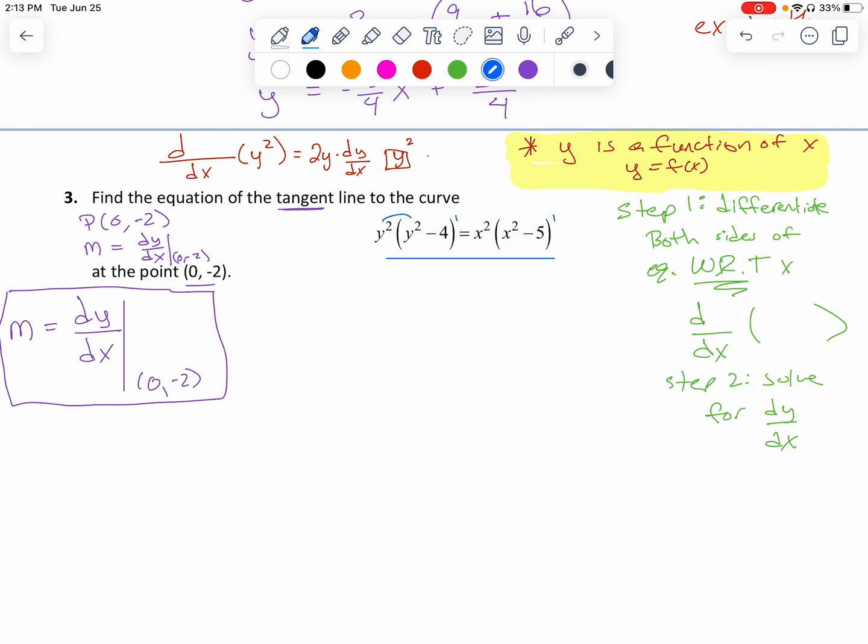I could easily distribute, and then I'd just have 2 terms on each side with a power rule. So easy peasy. So let's just distribute first, and we get y to the 4th, just getting rid of those parentheses. So there I just simplified first.